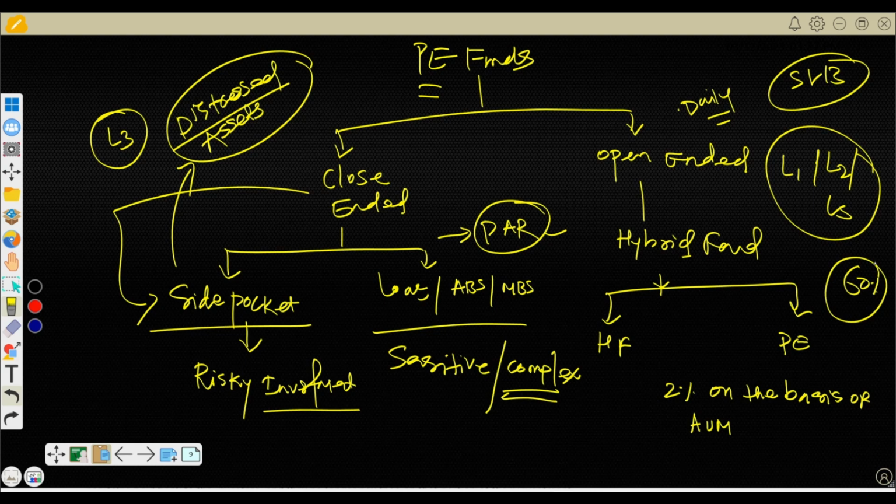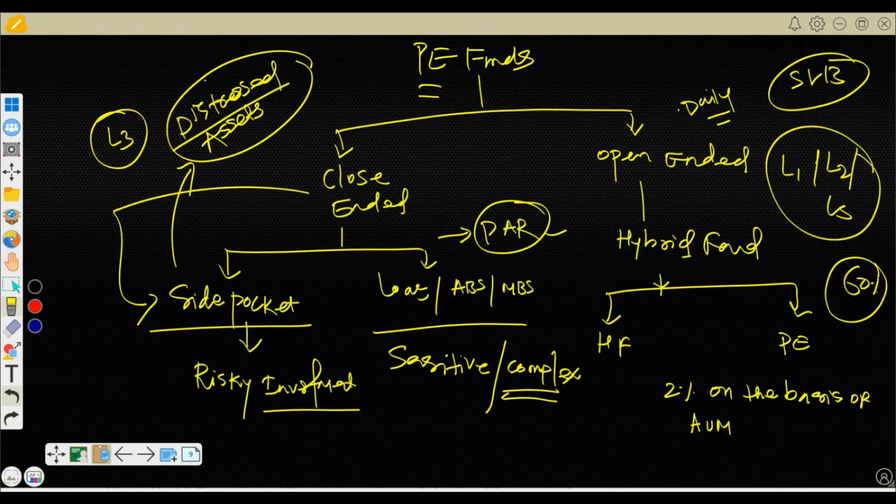But after that, if anyone purchases these assets or stocks of that company, then that becomes the distressed assets, because stock is the representation of the company's or bank's assets. And if you invest in those stocks or securities, then that becomes the distressed assets.